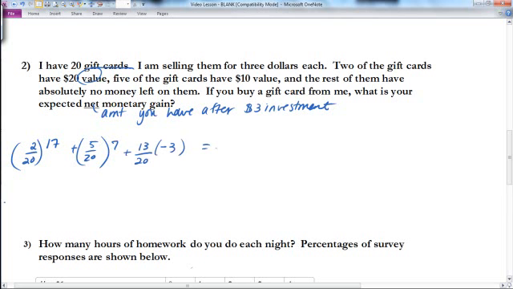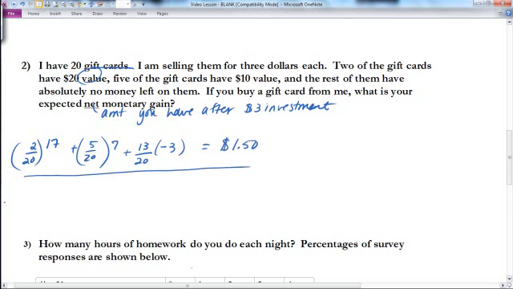So if you went ahead and multiplied this out, then we would find out that our expected value is $1.50.